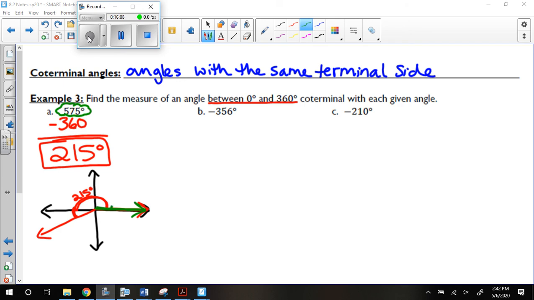You start out and you go one full rotation, 360 degrees all the way around, and then you go 215 more degrees, and it still ends on the same terminal side. That's what 575 degrees would look like. It goes once all the way around, and then 215 more degrees to land on the same terminal side.